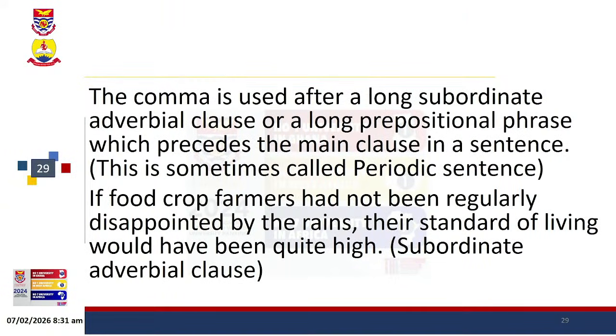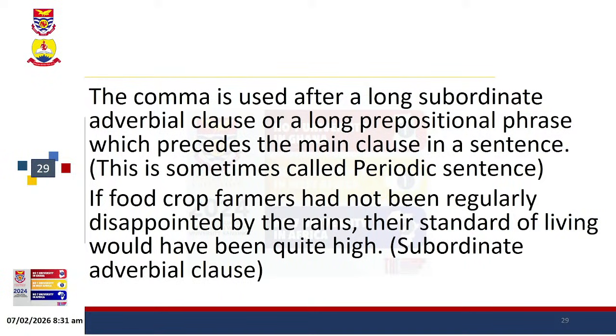Good. The comma is also used after a long subordinate adverbial clause or a long prepositional phrase which precedes the main clause in a sentence. This is sometimes called periodic sentences. Okay?